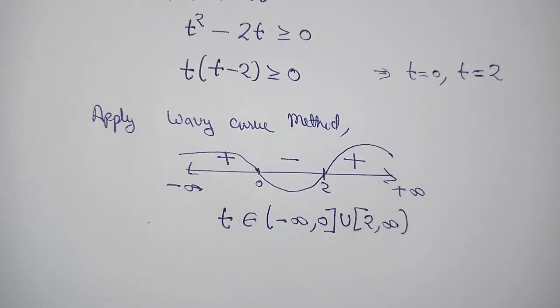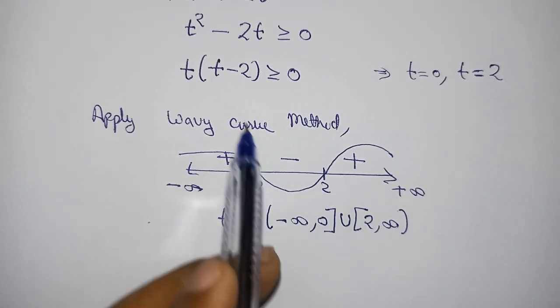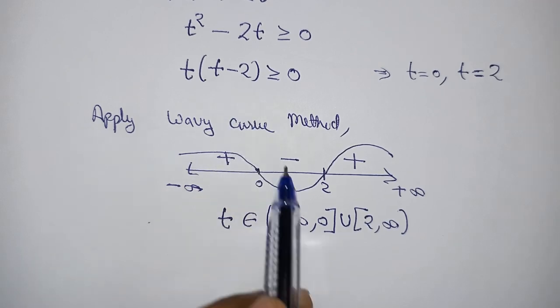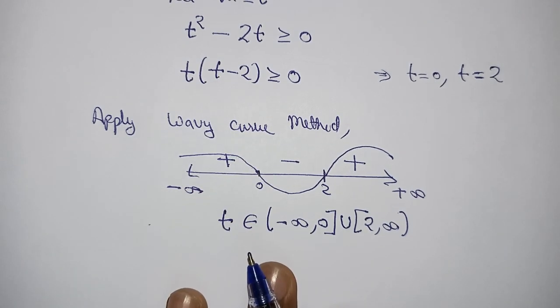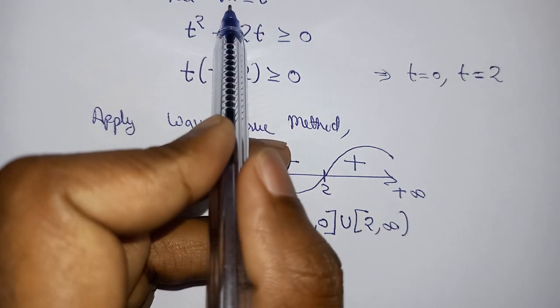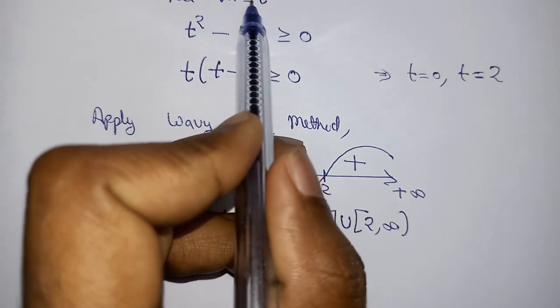So this is the range, or you can say the domain of t, that we can take in this inequality. Now our original part was square root x equals t.